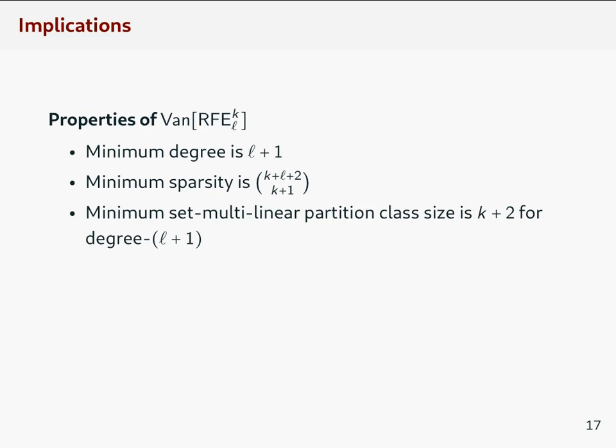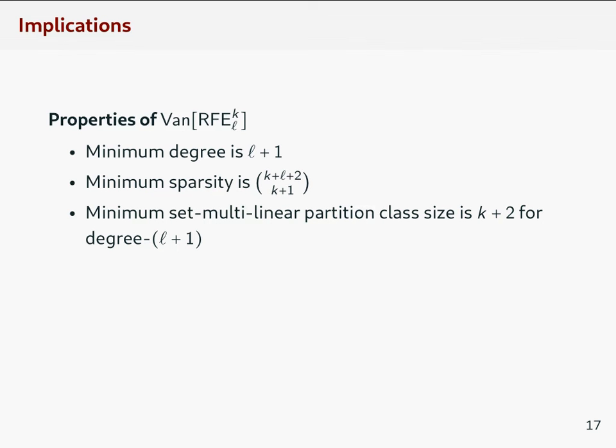And then among set multilinear polynomials, which are polynomials where you partition the variables into sets, and every monomial has to use exactly one variable from each part of the partition, we show that a set multilinear polynomial of degree L plus 1 can only be in the vanishing ideal if, moreover, each of these partitions has size at least k plus 2.